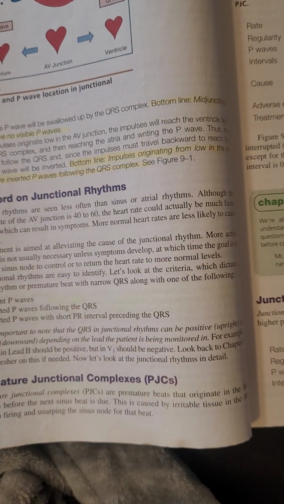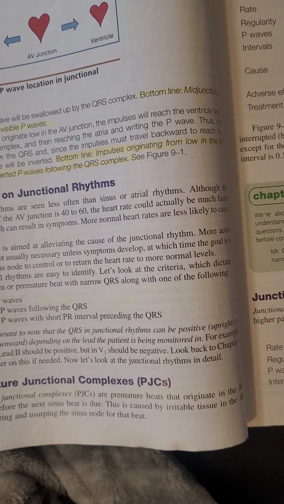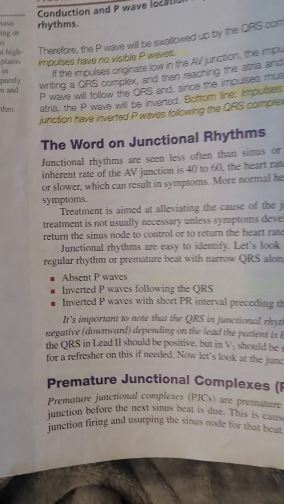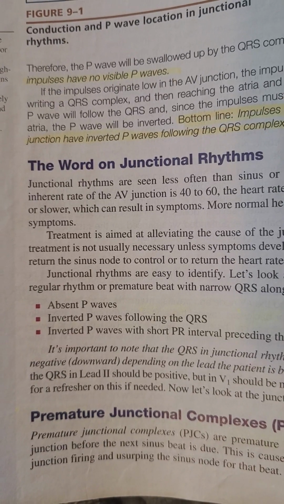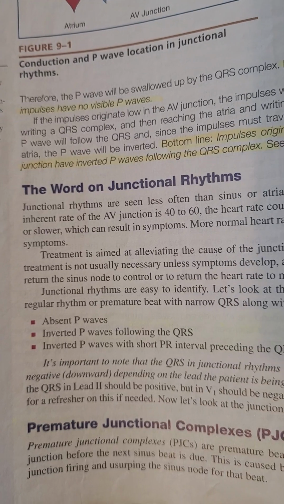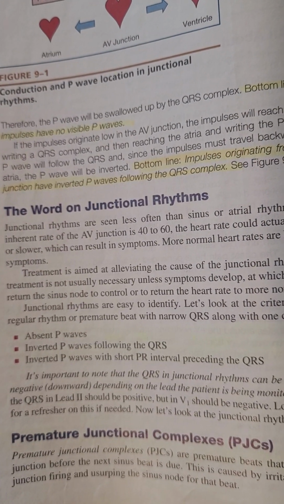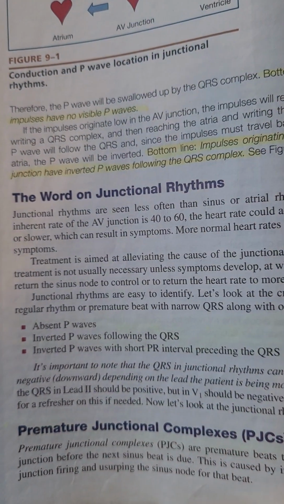Let's look at the criteria: a regular rhythm or premature beat with narrow QRS along with one of the following. Absent P waves with narrow QRSs, inverted P waves following the QRS, or inverted P waves with short PR interval preceding the QRS, then you have a junctional rhythm.